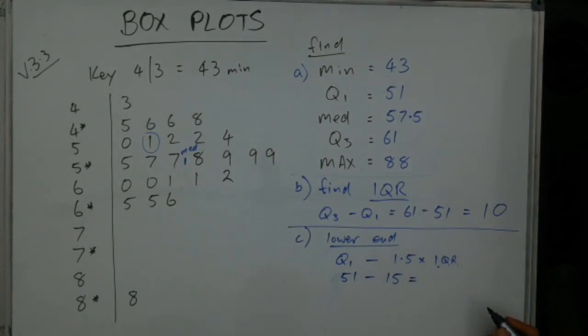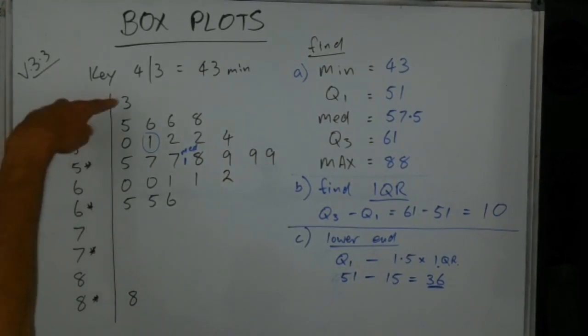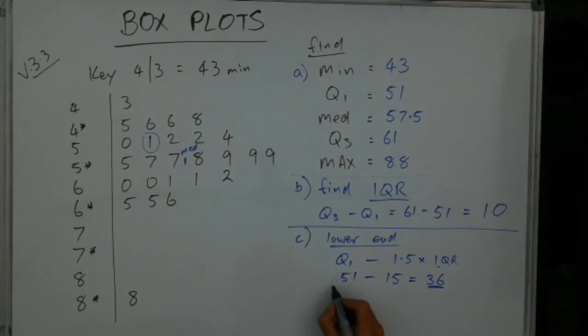So that will be 36. And our lowest value is 43, so anything less than 36 would be an extreme value. So we've got no problems at the lower end.